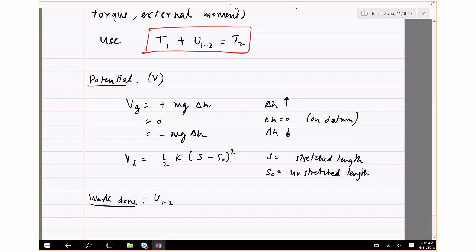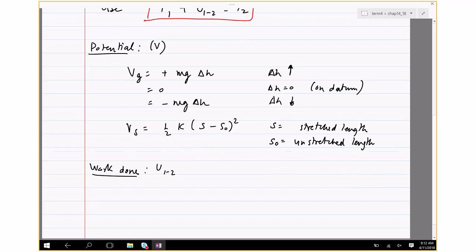So I recommend you remember the convention for one of these two, because if you try to do both, you might get confused.